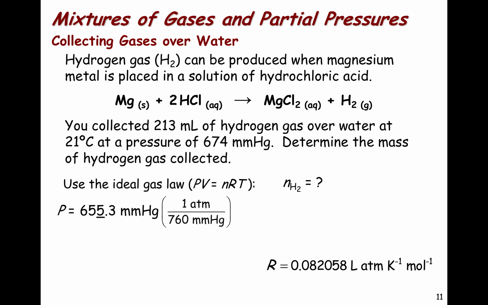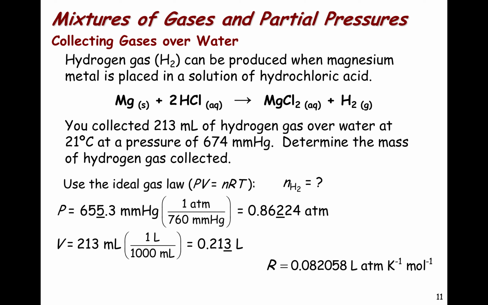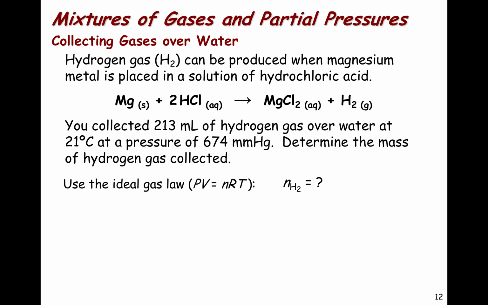And so we divide by 760 millimeters of mercury for every 1 atmosphere, and that gives us 0.862 atmospheres of pressure. Then we recognize that the volume needs to be in liters, so converting that to liters, we divide by 1,000, and we have 0.213 liters. And the temperature needs to be in Kelvin, so we're going to take 21 degrees Celsius and add 273.15 to it to get 294 Kelvin.